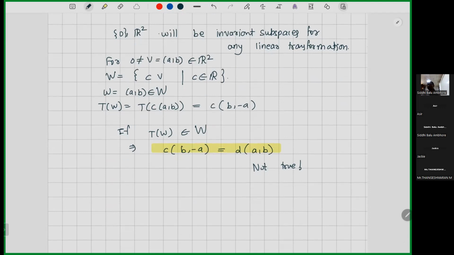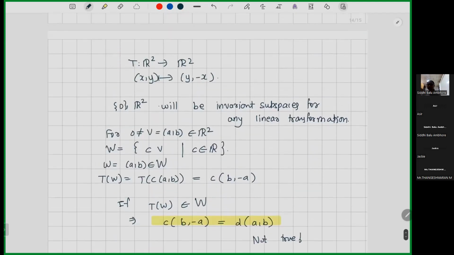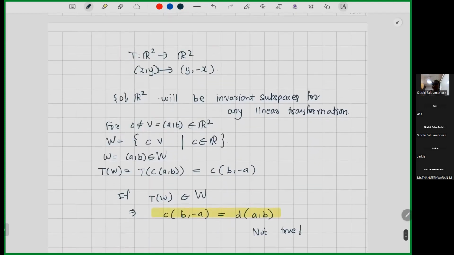Why this is happening is because, if you try to write this as a matrix, it is one of these matrices, and these matrices do not have any eigenvalues. We have proved that eigenspaces always form invariant subspaces. So these matrices have no eigenvalue, hence no eigenspaces, hence no non-trivial invariant subspace.